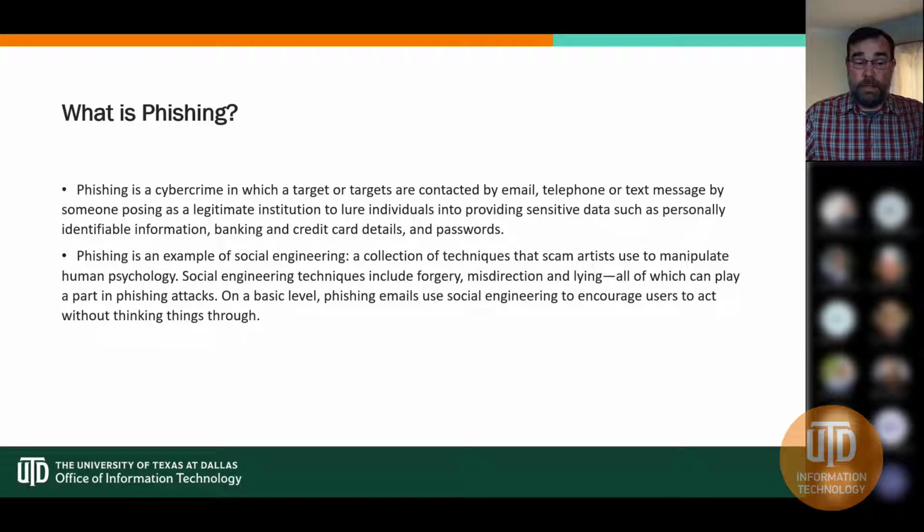Bad actors might also use several social engineering techniques in an attempt to trick people into providing them with this information or access. We often see techniques such as forgery, misdirection, and a lot of different techniques used in ways to catch people off guard and keep them guessing.